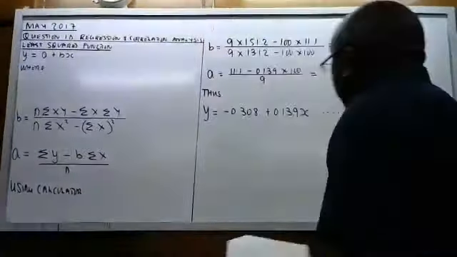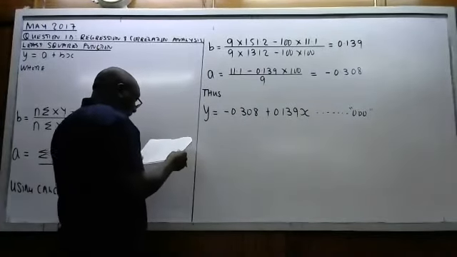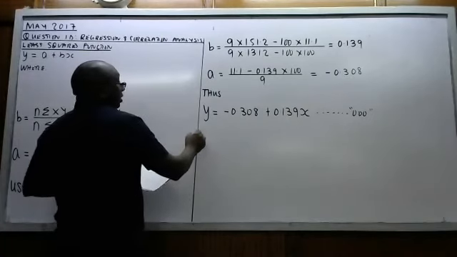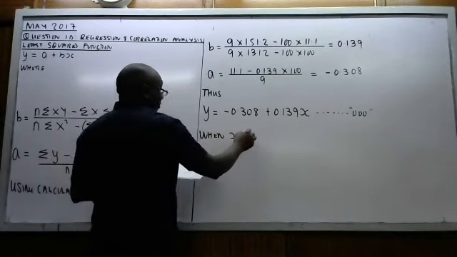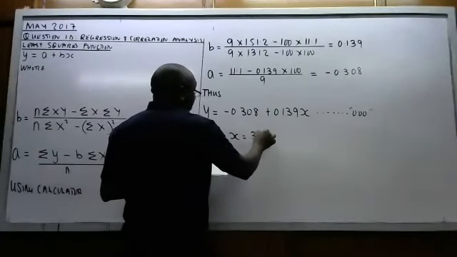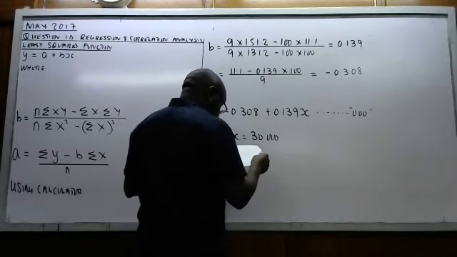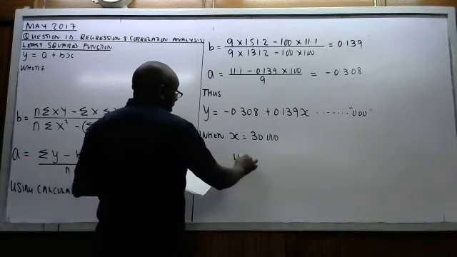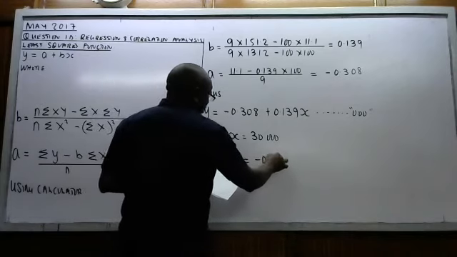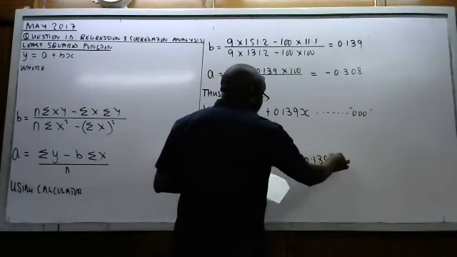So when we are told the expenditure of a household whose monthly income is 30, when X is 30,000, Y should be minus 0.308 plus 0.139 times that.